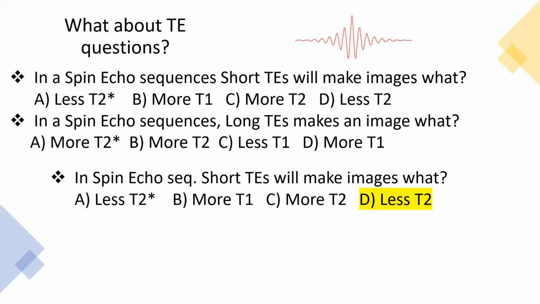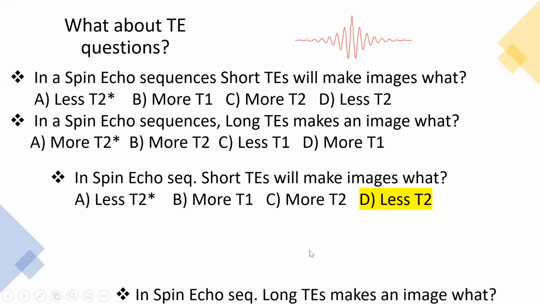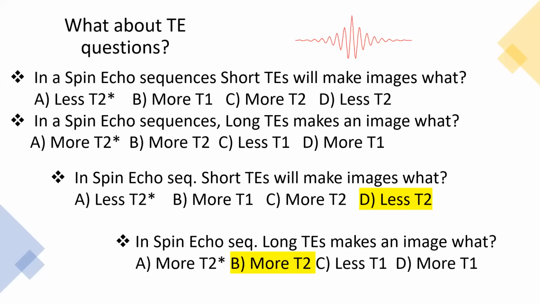So the first answer is a short TE is going to make your image not more T1, it's going to make it less T2. You're putting less T2 contrast into the image. And in a spin echo pulse sequence, long TEs make your image more T2. As soon as you hear long TE, you start thinking T2.